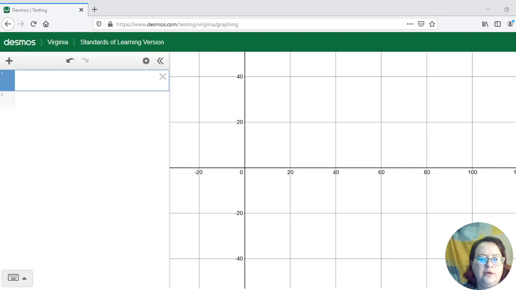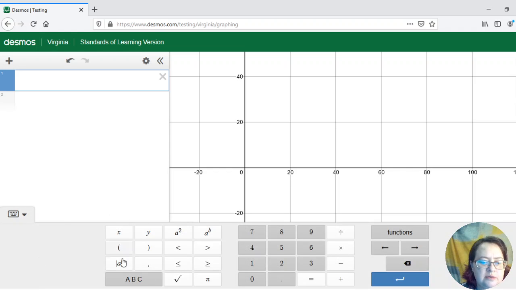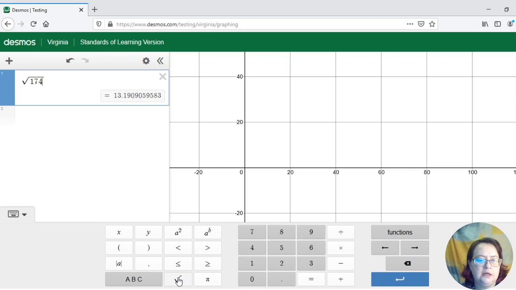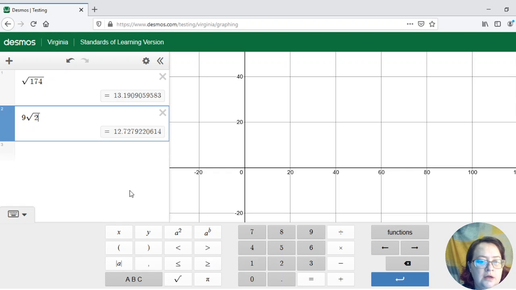Now here, where I go to Desmos, I can plug in square root, which is on my keyboard here, and my first answer was square root of 174, and I get 13.19. Well, that doesn't look like my answer. If I plug in 9 times the square root of 2, I get 12.727.